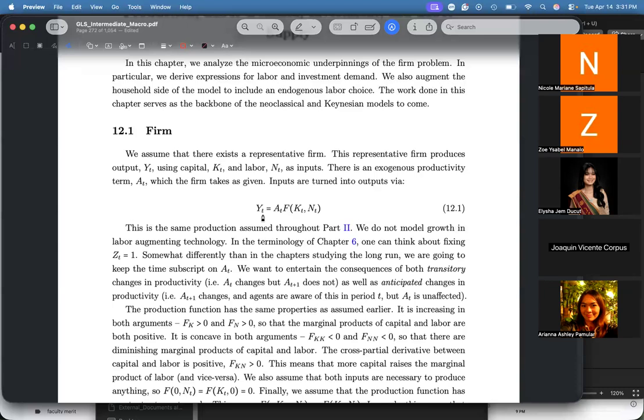Okay. And here we're going to say that there's a representative firm. So you can imagine multiple firms, but they all have the same technology. Okay. The usefulness of this approach in 12.1 is we're going to embed now investment into profit maximizing decisions of a firm. Okay.